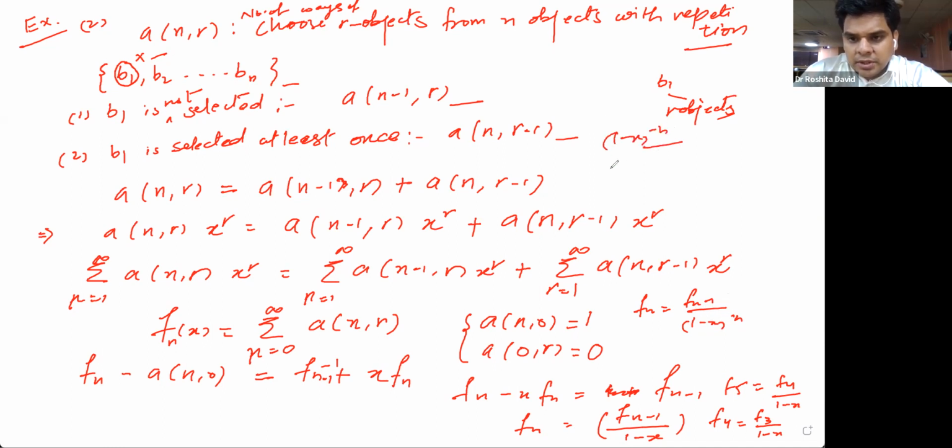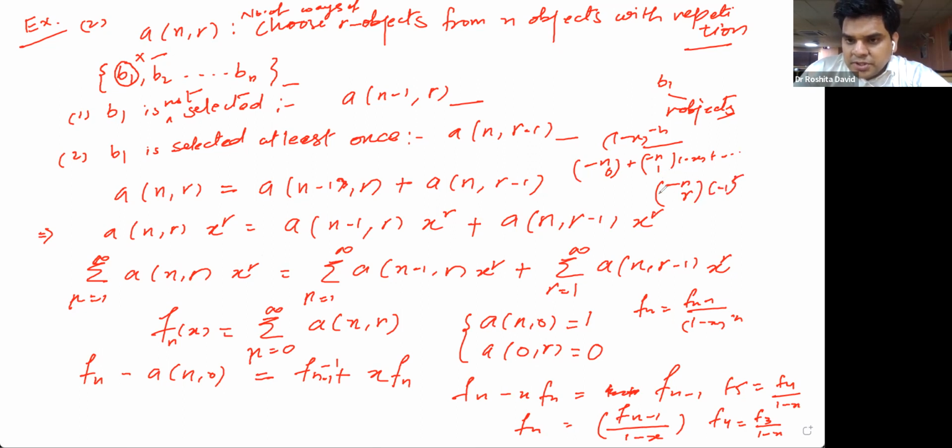And you know this series, right? Minus n choose 0, plus minus n choose 1, negative x, and so on. So the coefficient of x to the power r is minus n choose r, negative 1 to the power r.